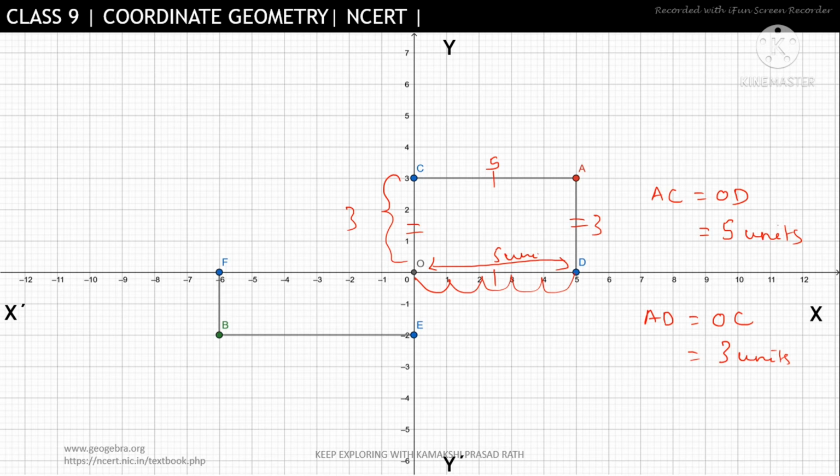So you have to get it clear. A is at a distance of 5 units. AC is the perpendicular distance of A from the y-axis. Just count the units here, it is easier for us: 1, 2, 3, 4, 5, or you can just see from O to D, that is 5 units, hence AC is also 5.